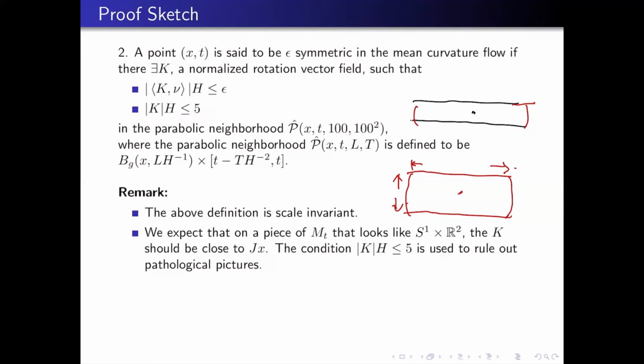For example, on S1 cross R2, we have the S1 fiber on each point of R2, and Jx is just the rotation along this fiber.